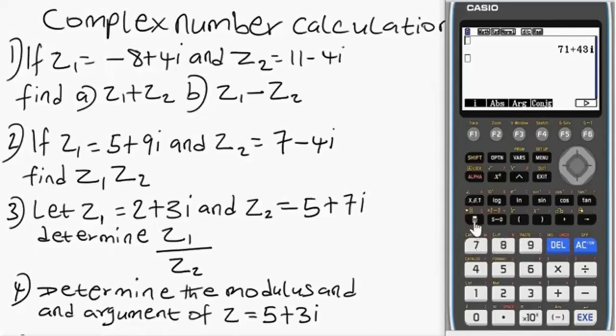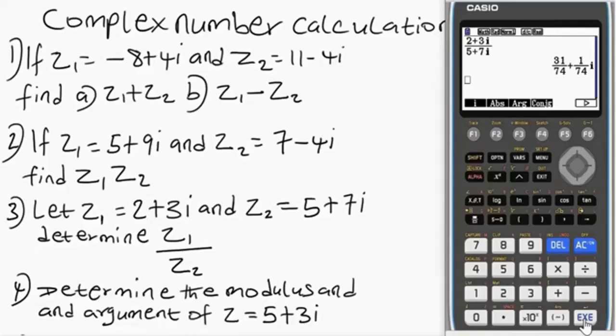Make use of this fraction button. So we have 2 plus 3i over 5 plus 7i, and that's all. Press execute now to get your answer. Okay, so this is the answer. It's as simple as that, guys.